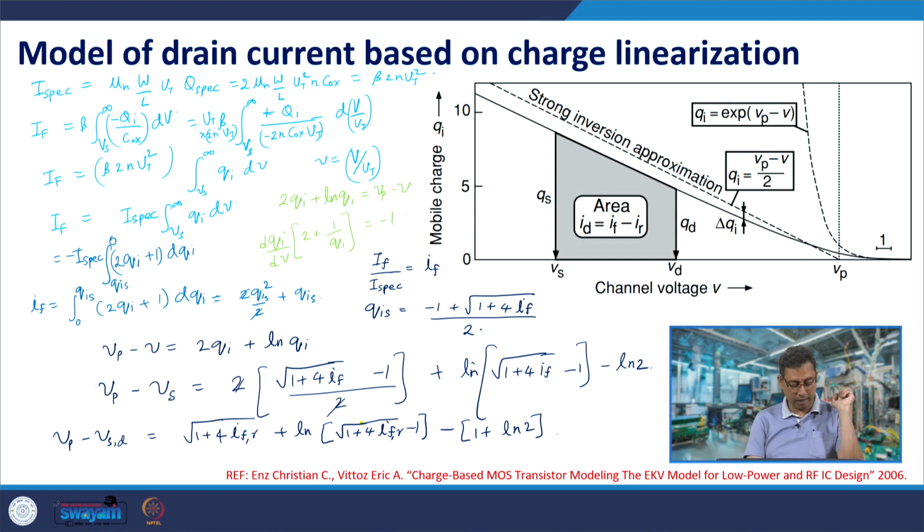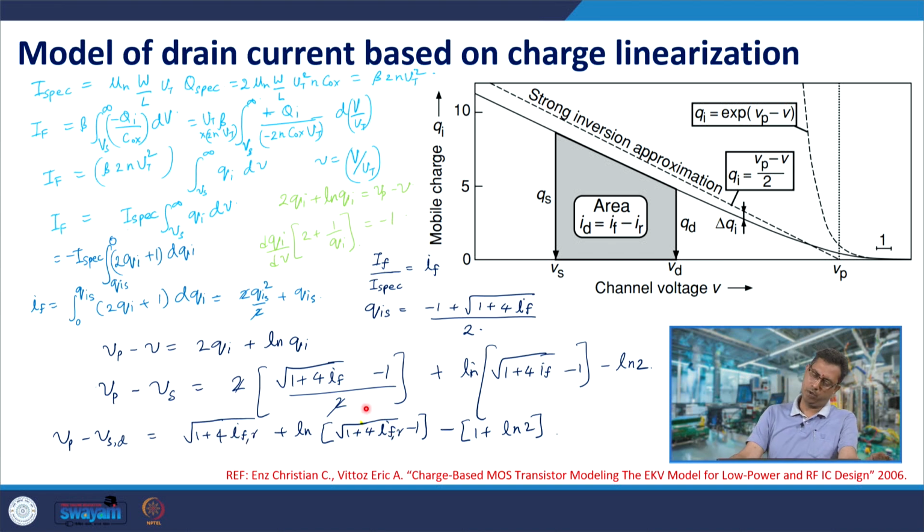But on the other hand, if the device is operating in, suppose, the saturation regime, for If this would dominate and this would be negligible. For IR, your drain voltage is larger than Vp in the saturation regime, and therefore for IR this may become quite small, and then this would dominate.